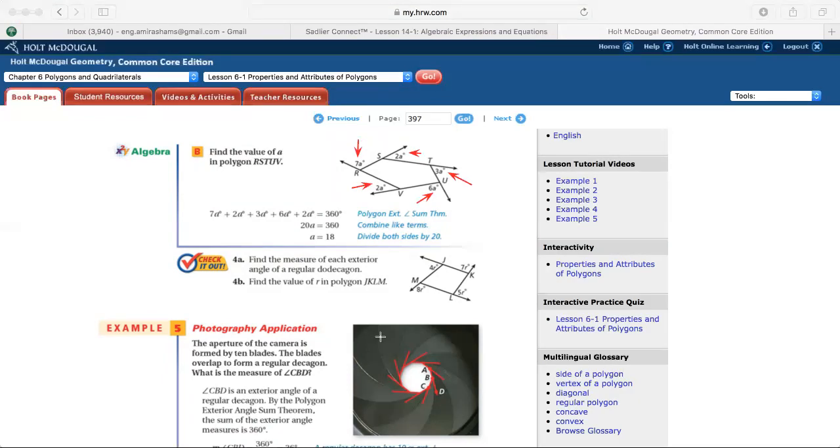Since all the terms have A, you can add them. So they are 20A. When you divide both sides by 20, A is equal to 18. They only want to find the value of A, not the value of each angle.